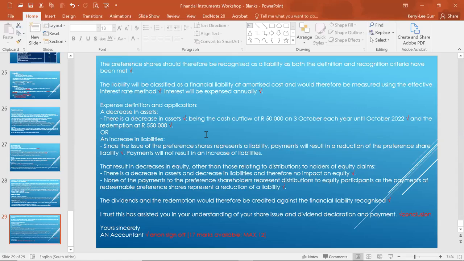It is going to be important as you see you coming through in your tutorials as well. And then your final sign off. Okay, and as with all our theory questions, 17 marks available, and you only need a maximum of 12 marks. So there is often more marks available in your discussion questions than what you need to achieve.